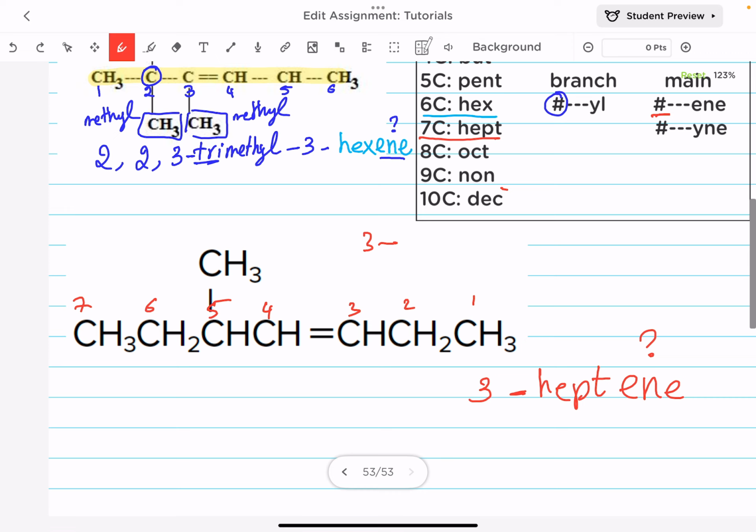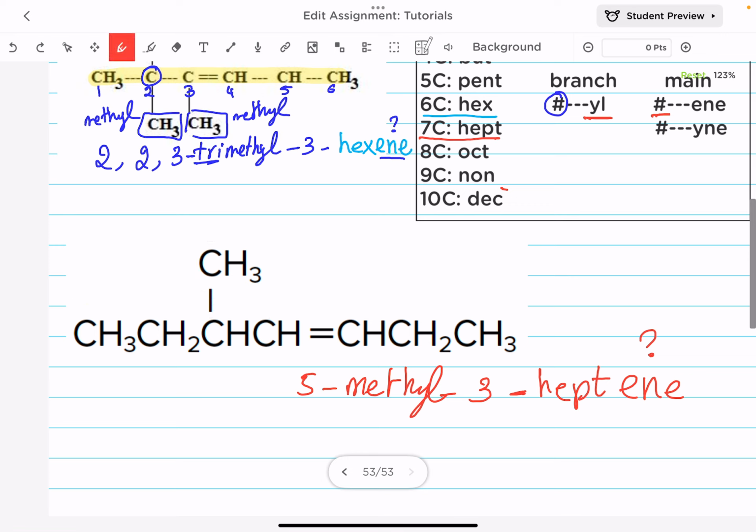Now this 3-heptene has a branch with 1 carbon. So that's a methyl. As a branch, I will give it YL and 5.